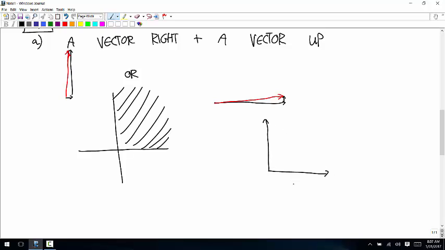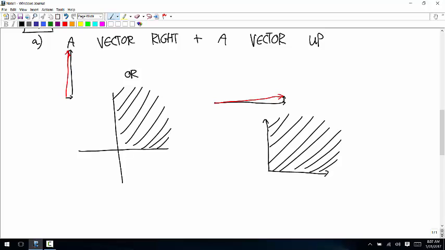Or if you put the two vectors tail to tail, any vectors pointing in these directions are possible.